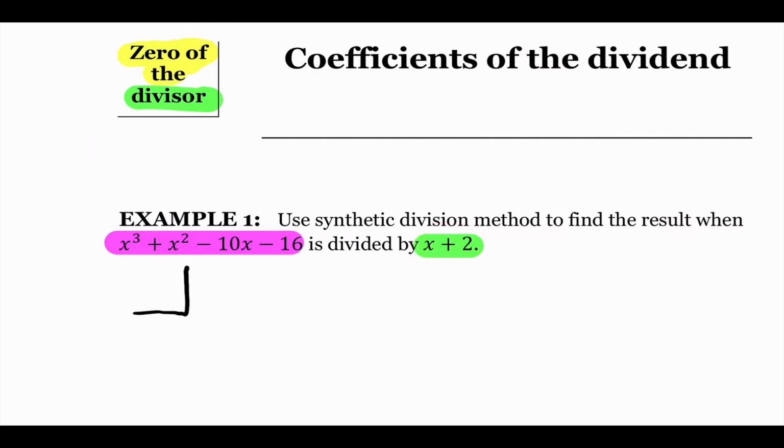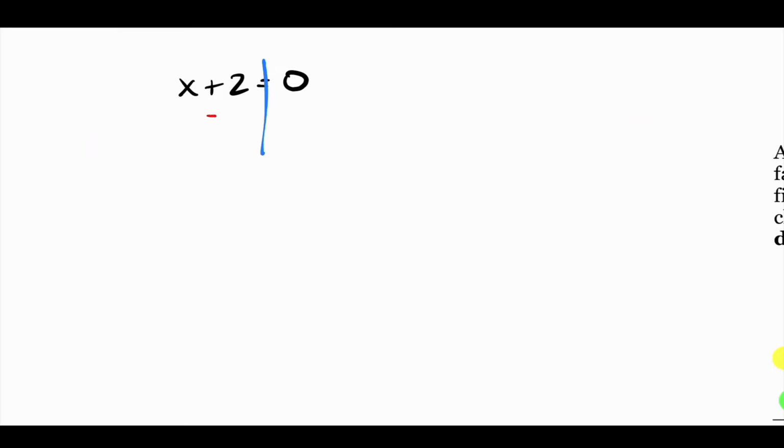One way to find a 0 is by setting it equal to 0. We've done this many times. We subtract 2 from both sides. The 0 would be -2. That's one way to do it, to find the 0.